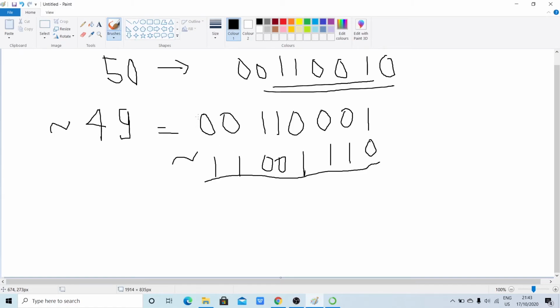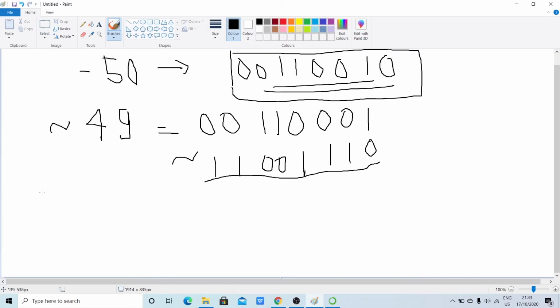So now how do we find it for minus 50? In order to do that, we'll just take this number and find the complement of that.